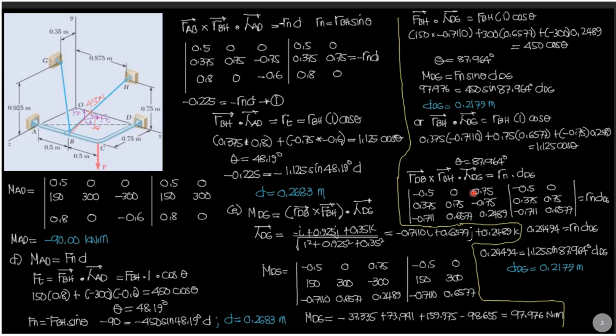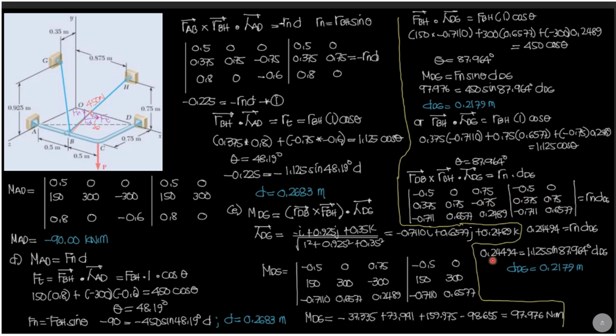So negative 0.5 times 0.75 times 0.2489, 0, then plus 0.75 times 0.375 times 0.6577, then plus 0.711 times 0.75 times 0.75, then minus 0.6577 times 0.75 times 0.5.